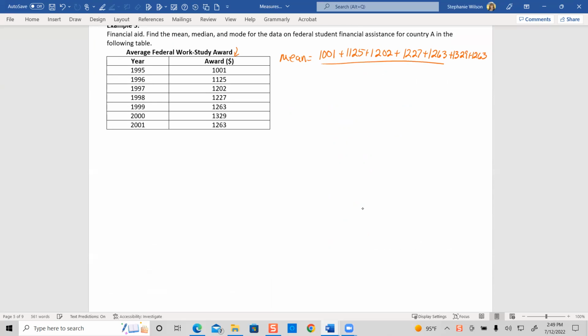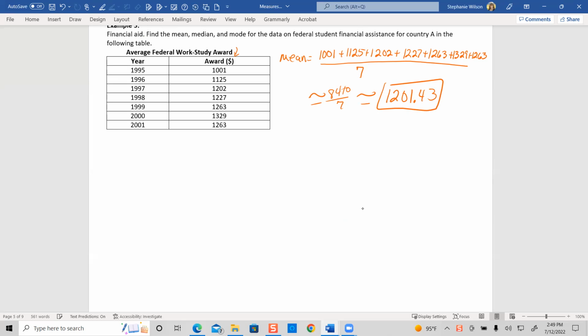And we're going to divide that by 7 of these: 1, 2, 3, 4, 5, 6, 7. And we get 8410 divided by 7, which is approximately, rounded to the nearest hundreds, our mean.